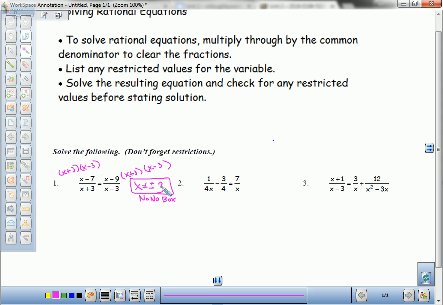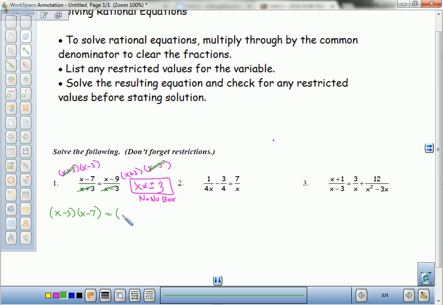All right, so now we have it set up. Now's the easy part, solving. So when we solve, we're clearing out the denominator. So we're going to cancel x plus 3 with x plus 3, x minus 3 with x minus 3. So on the left side, we're left with x minus 3 times x minus 7.